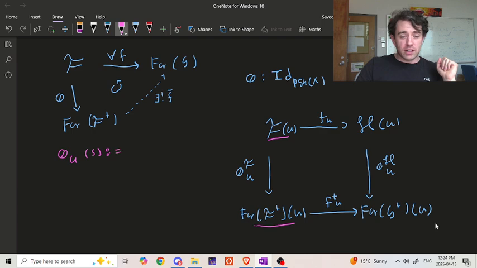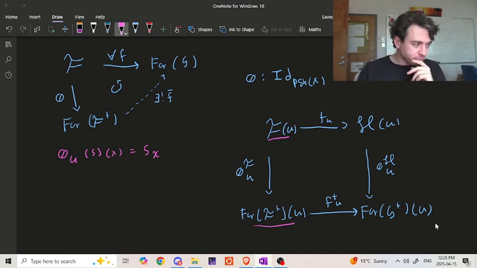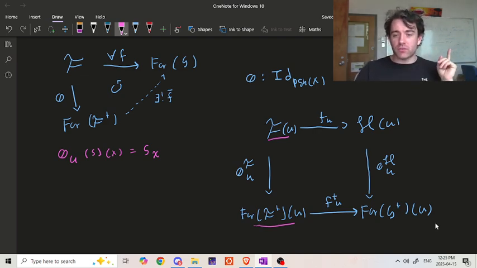We defined it in the sheafification video to be the function where for any input x, it just returns the germ of s at x. So let's go ahead and verify that this diagram commutes. So first I'm going to go around, I guess I'll go around this way first.